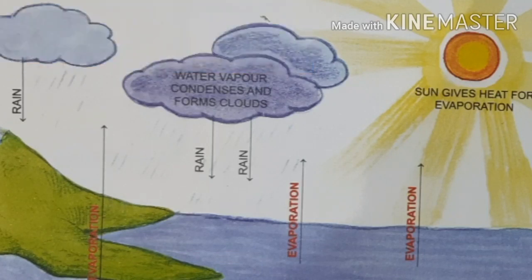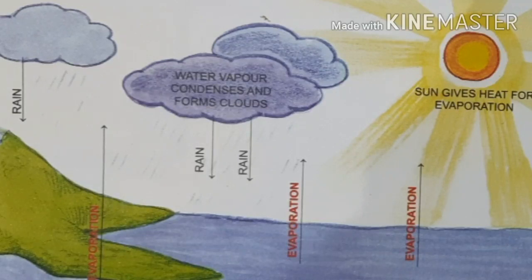These are very minute particles, but when more evaporation takes place, a number of condensed particles form. They join together to form large clouds. So this is how clouds form.